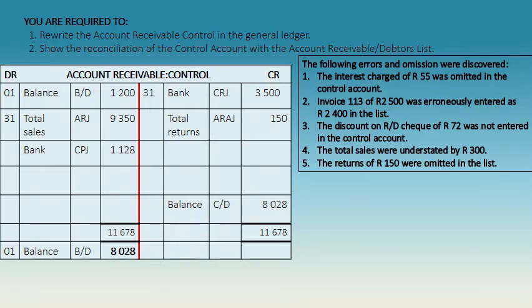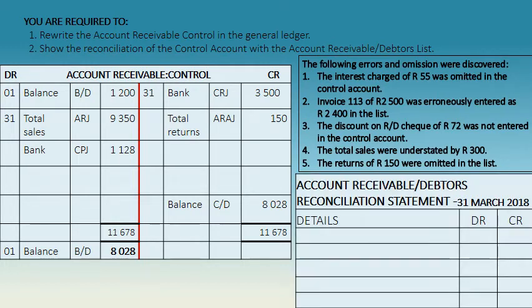In the general ledger, the control account that must be rewritten is the account where the closing balance was calculated as 8,028 rands. For the account receivable or the debtors reconciliation statement at the end of March, the following columns must be shown: the details as well as the debit and the credit columns.